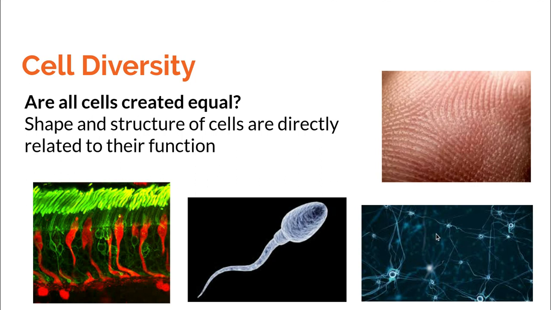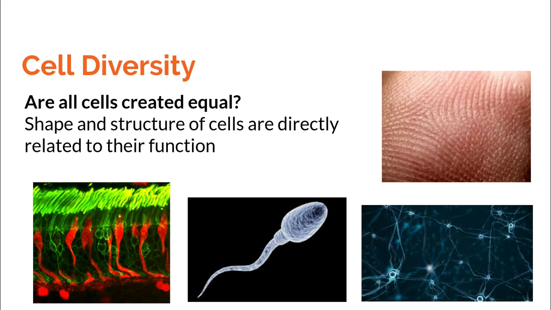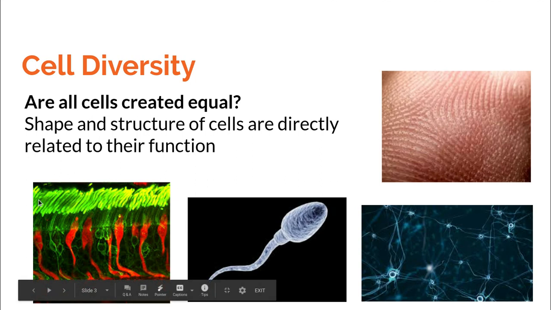Just very briefly, we've got other cells here. You may recognize these as well. These are neurons, part of your nervous system. Their long structure helps to send electrical messages throughout the body in order to transport information and instructions around the body. And then over here, this is a picture of your retinal cells.